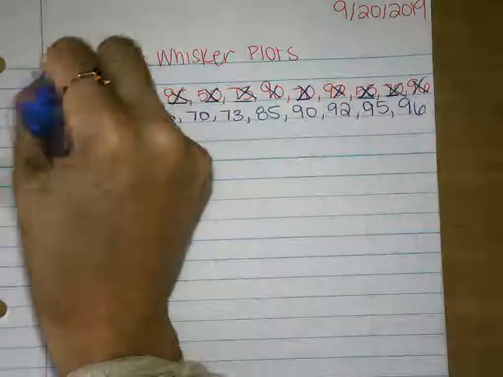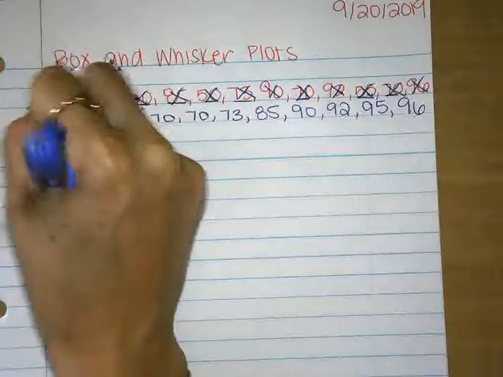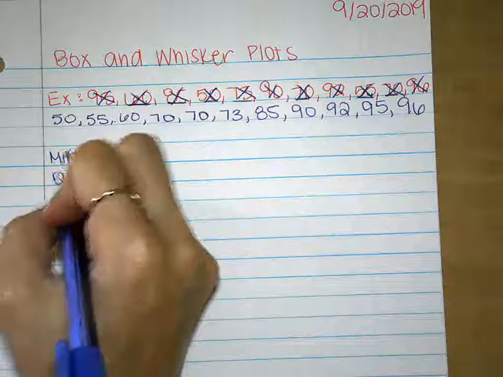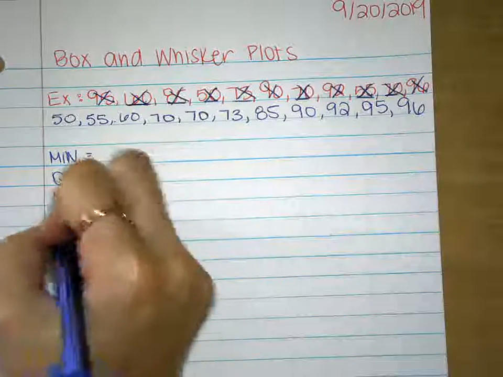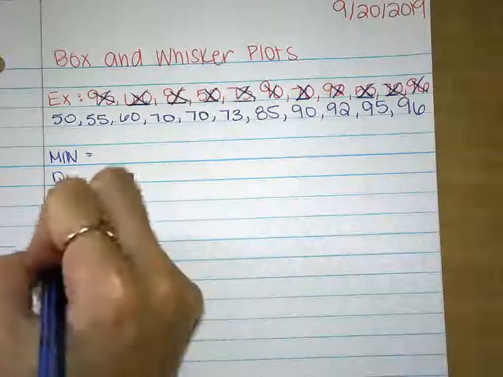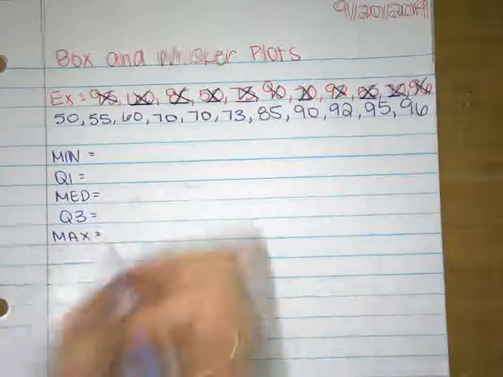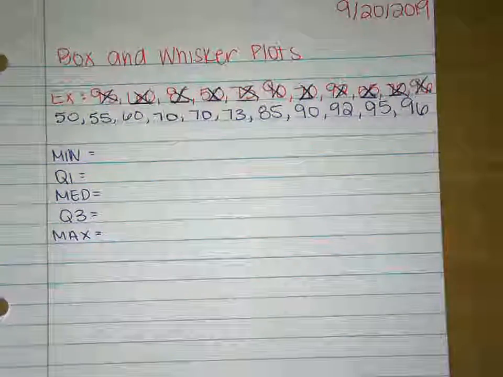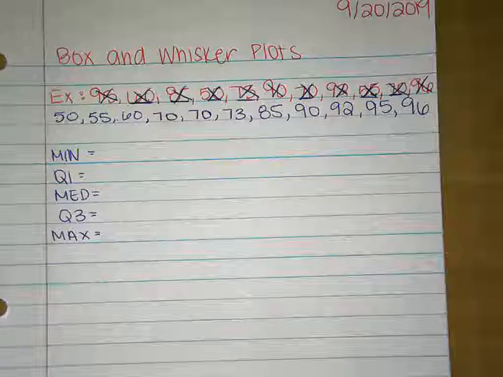But once you've done that, you can find your 5 numbers, which are your minimum, your quartile 1, or your Q1 for short, your median, your Q3, and your max. So minimum is the first number we find. Minimum is the smallest number.